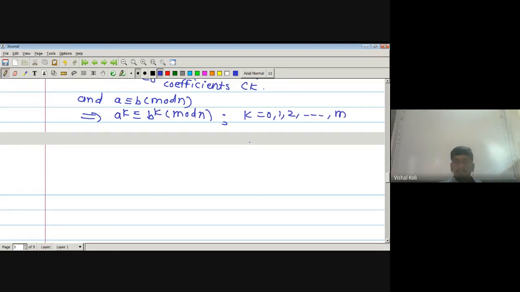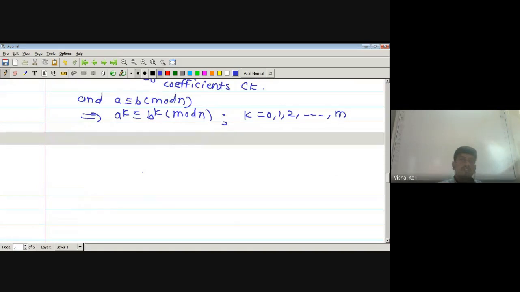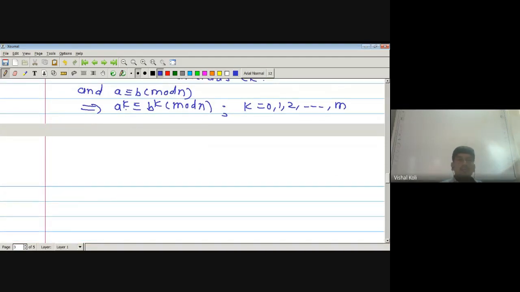As here we have to prove for the summation k running from 0 to m, then we have to take the value of k from 0 to m. Now as a to the power k is congruent to b to the power k modulo n, again there is one property, if a is congruent to b modulo n and c is any arbitrary integer, then a into c is congruent to b into c modulo n, which implies, as ck is any arbitrary integer, then ck a to the power k is congruent to ck b to the power k modulo n.